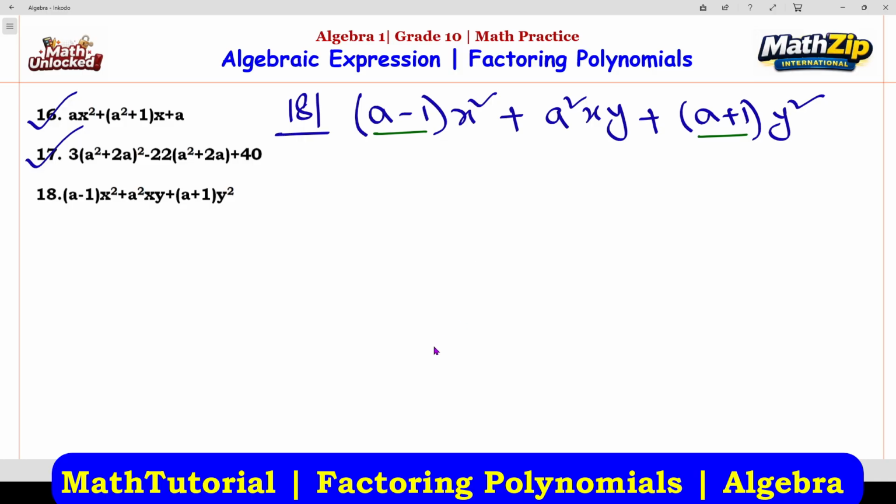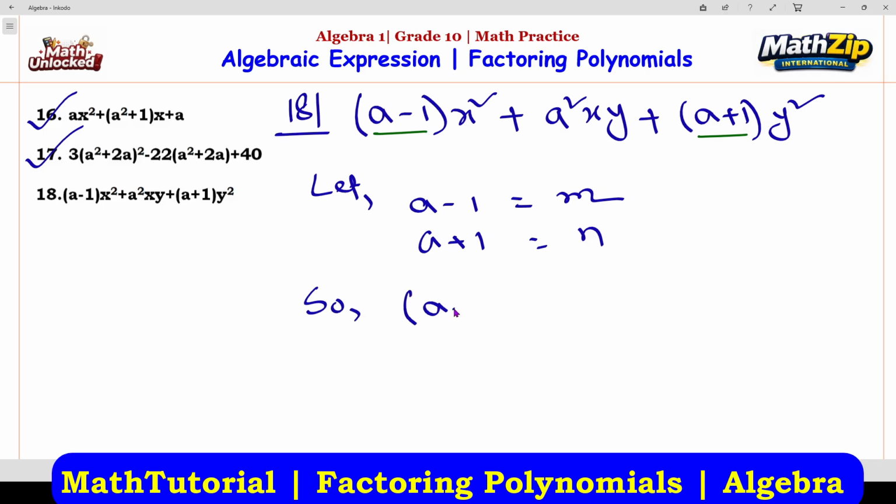So what can we do? Let's think. Let a minus 1 equal m and a plus 1 equal n, right? So if we multiply these, (a plus 1) times (a minus 1) equals mn.